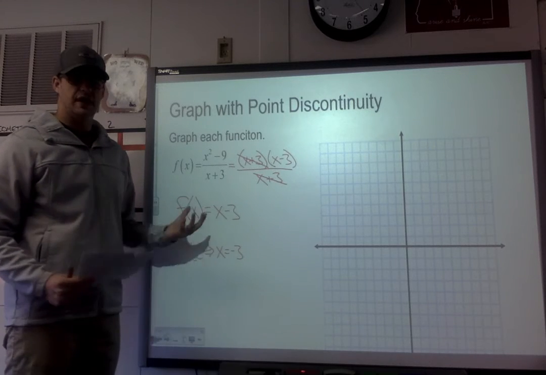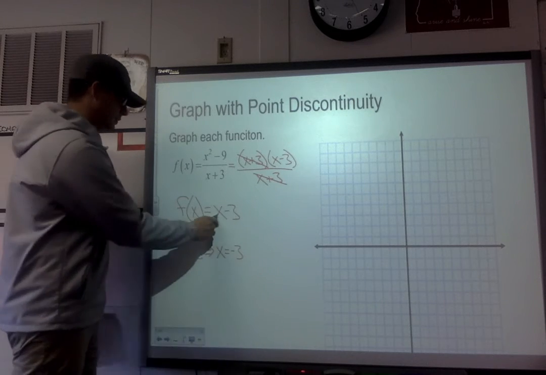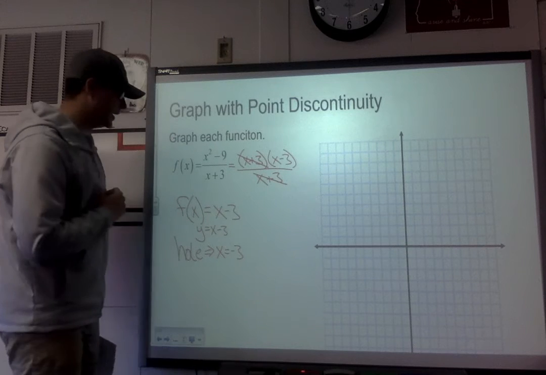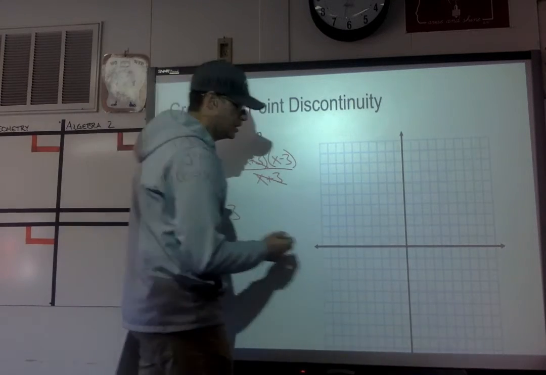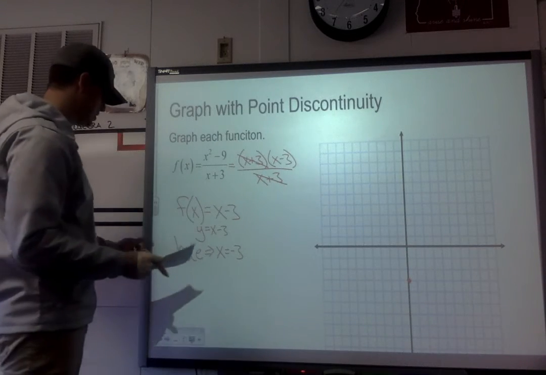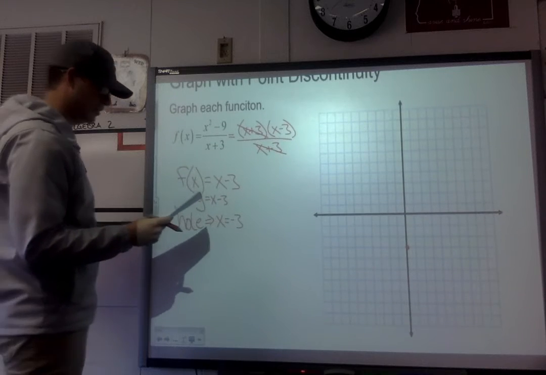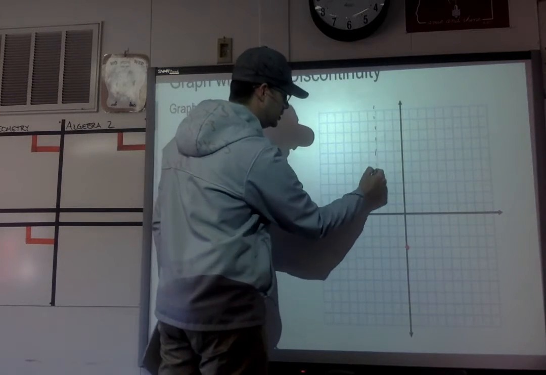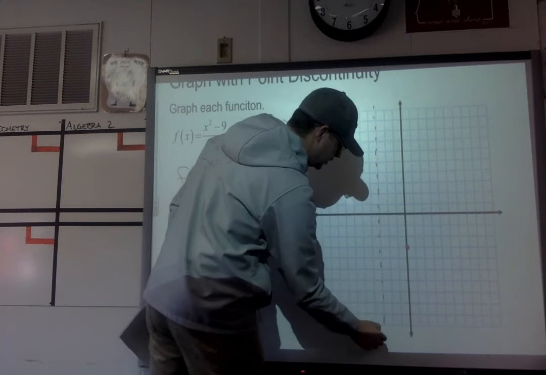So now that's all I have to do. I can graph this now. I can think of this as slope-intercept form. Y equals x minus 3. So I'm going to have a y-intercept at -3, and I've got a slope of 1. So I know I'm going to have a hole at x equals -3.